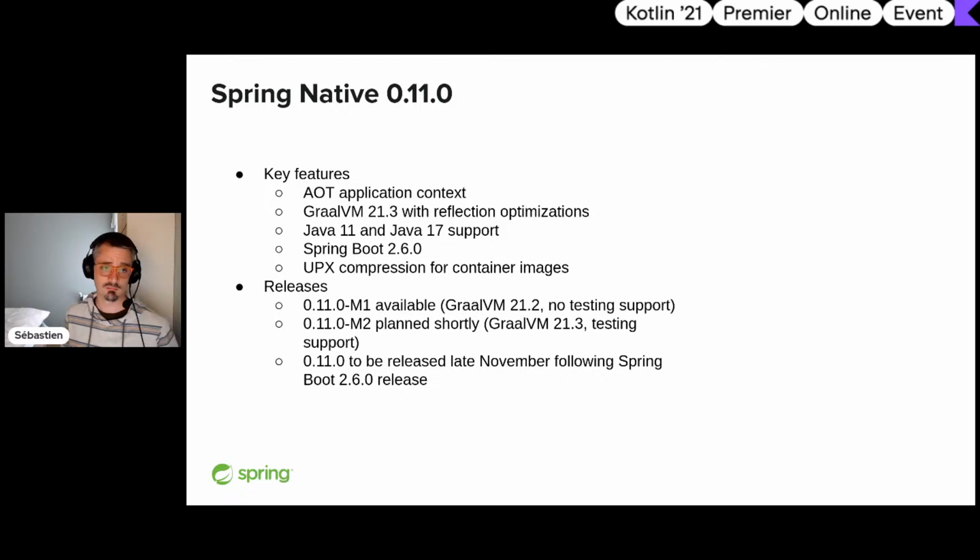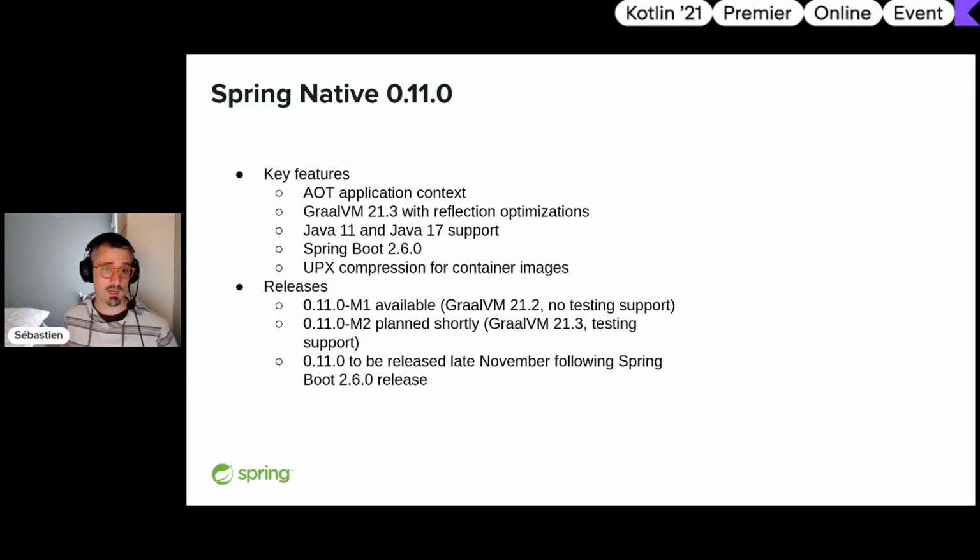You can still compile your Java 8 bytecode with the Java 11 or Java 17 support, but there is no dedicated distribution because that's not easy to support on the GraalVM side. So if you are using Kotlin, I mean, you are fine.